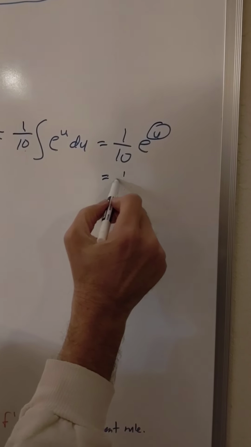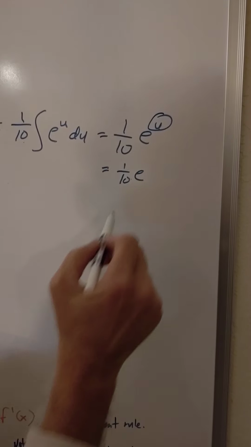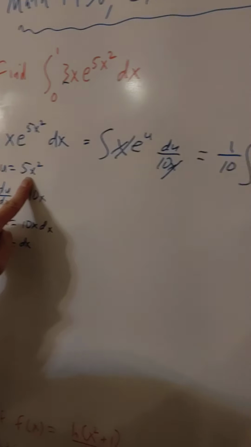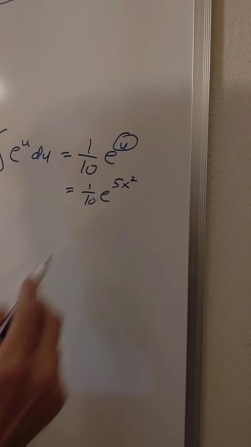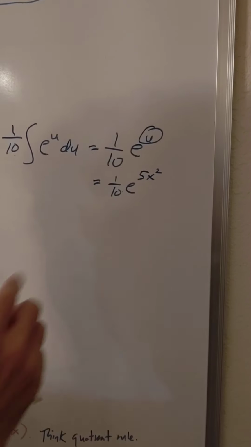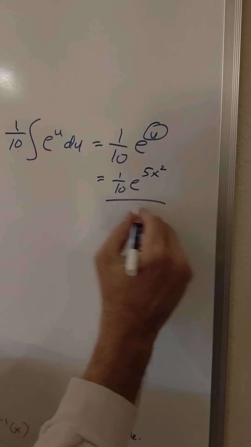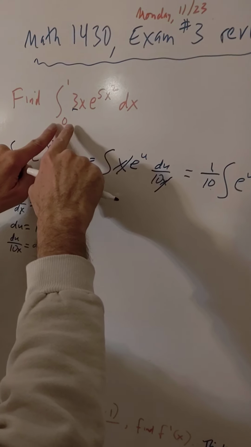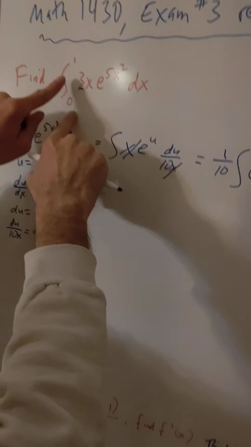So this is going to be 1/10 e to the 5x squared, since u we said was 5x squared. So you always want to get your answer in terms of x ultimately. Okay, so this is my answer to the indefinite integral. Now that I have an antiderivative, let's go back to the original problem. What is the definite integral from 0 to 1?